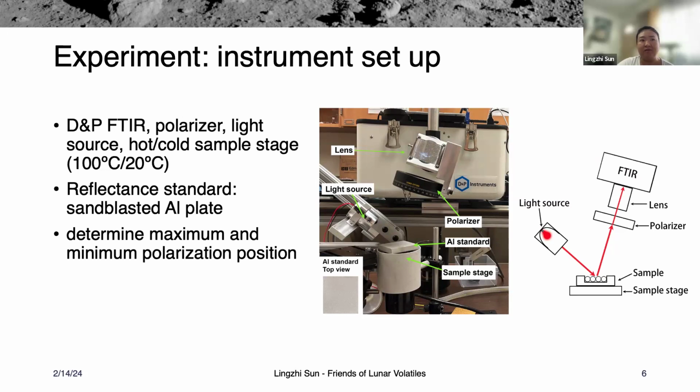I think I have measured the instrument polarization, but it's not very high. Oh, that's a good question. You have to consider the instrumental polarization when measuring samples.